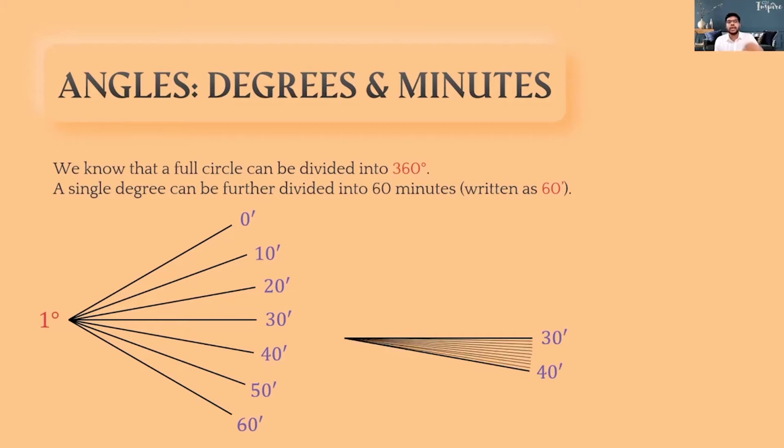That will also have another 10 subdivisions. So in total, inside a tiny degree, you will have 60 subdivisions. We will count the subdivisions as 1, 2, 3, 4, and so on. So the subdivisions between 30 and 40 minutes are going to be 31, 32, 33, and so on.